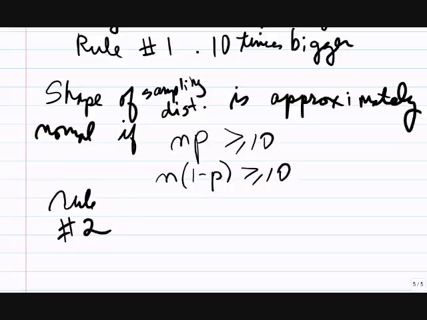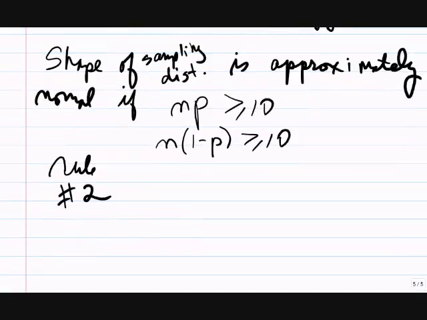Okay, so we didn't meet rule number 2 in our little experiment, so our sampling distribution probably won't be approximately normal, because we did a sample size of 5 times a proportion of 1/2. That's 2.5, not greater than or equal to 10. So let's do one that is.